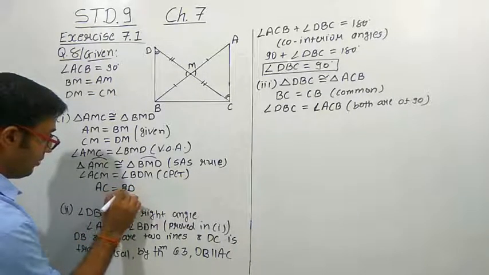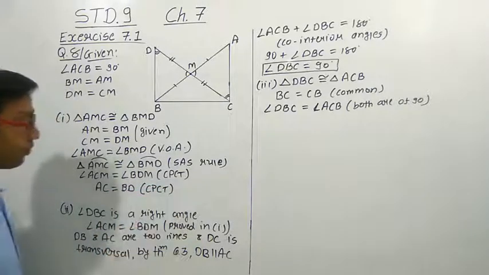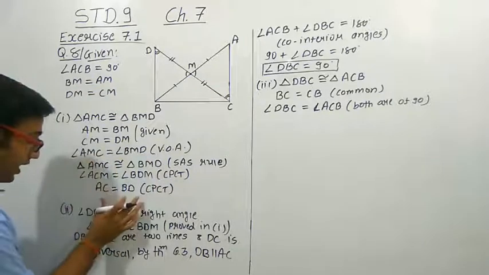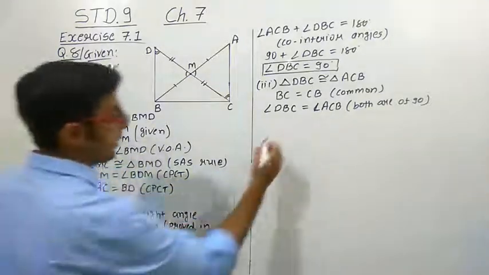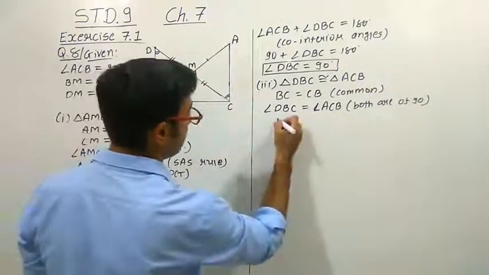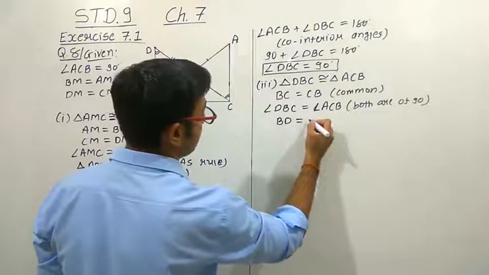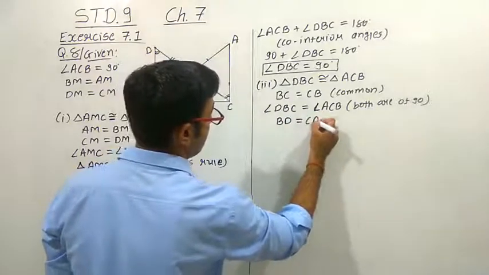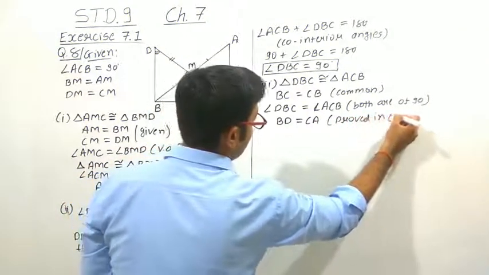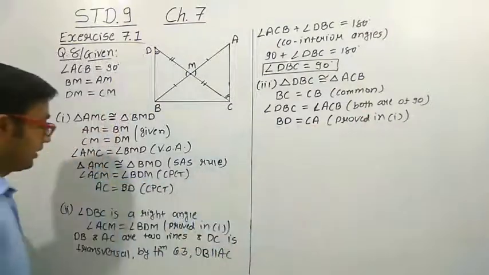This we can write down according to CPCT, corresponding parts of congruent triangles. So we can write down that BD is equal to CA or AC. This we have already proved in 1. Right? This condition we are taking directly from there.